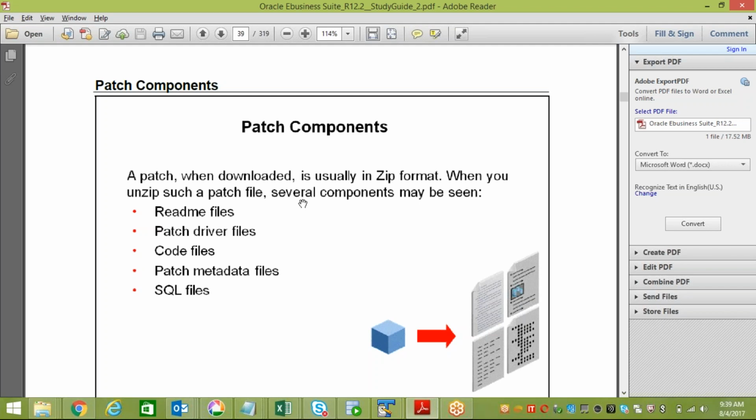You can open whichever is comfortable. Even without downloading, you can read the readme. In Metalink itself, when you fetch that particular patch, you will see the readme.txt and the download feature.